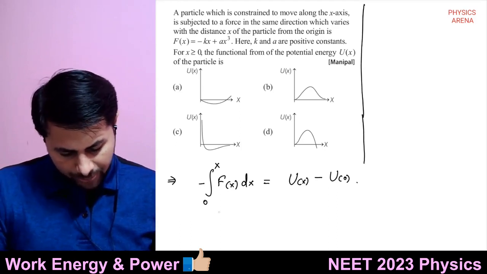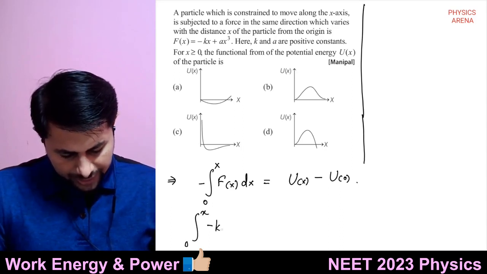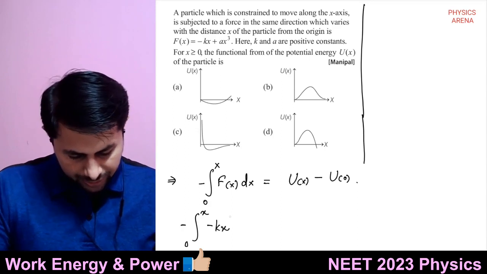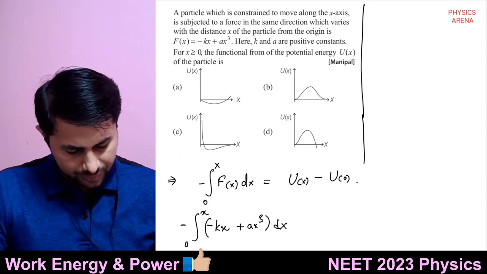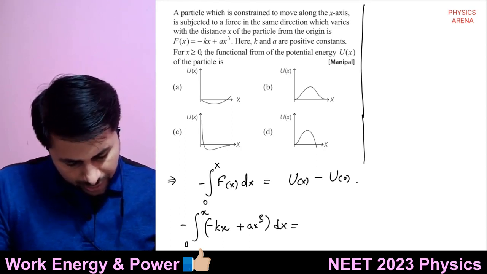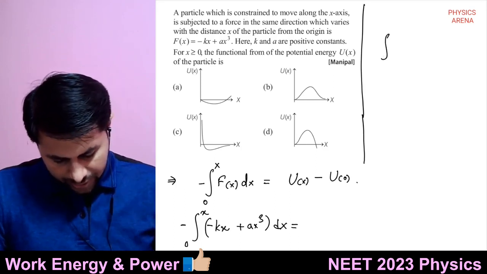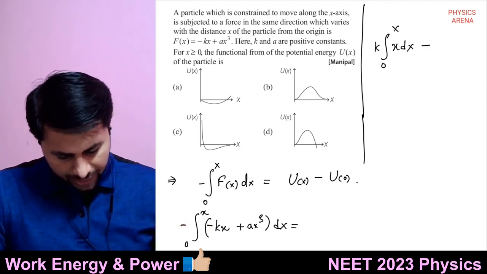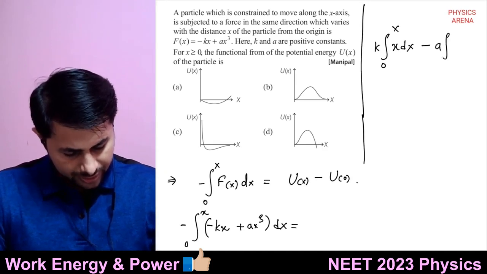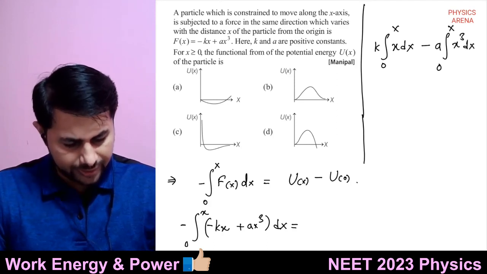Let's substitute F of x. So what do we get? It's the integral from 0 to x of minus, with this negative sign also, of minus kx plus ax cube dx. So we have two integrals here. This minus minus becomes plus. K we can take out, so the integral of x dx from 0 to x, and minus a I can take out, so the integral from 0 to x of x cube dx.